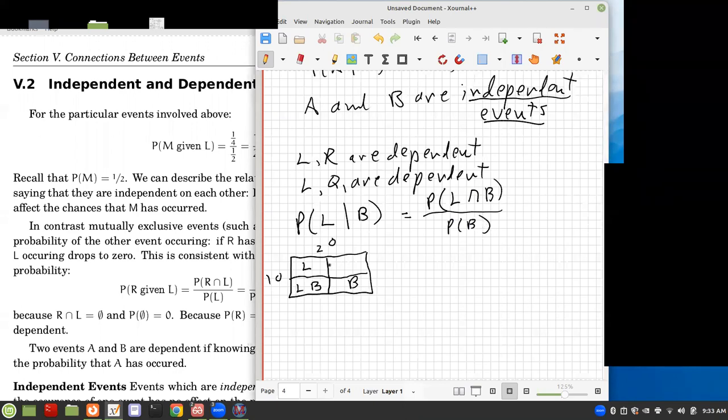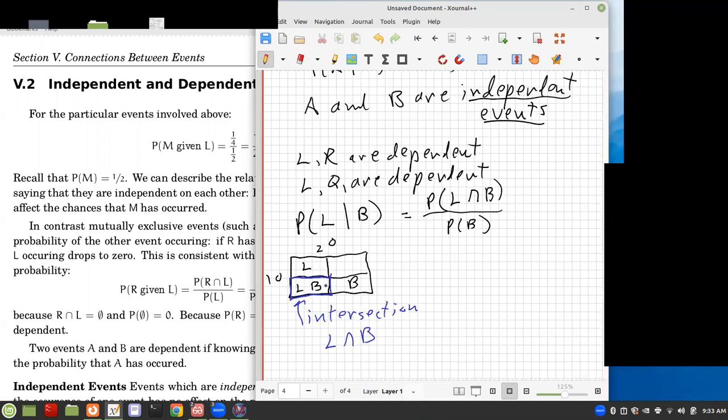Well, what's the intersection of L and B? Well, that is just this little portion here. So it's 1/4 the area, because this is 1/4, 1/4.